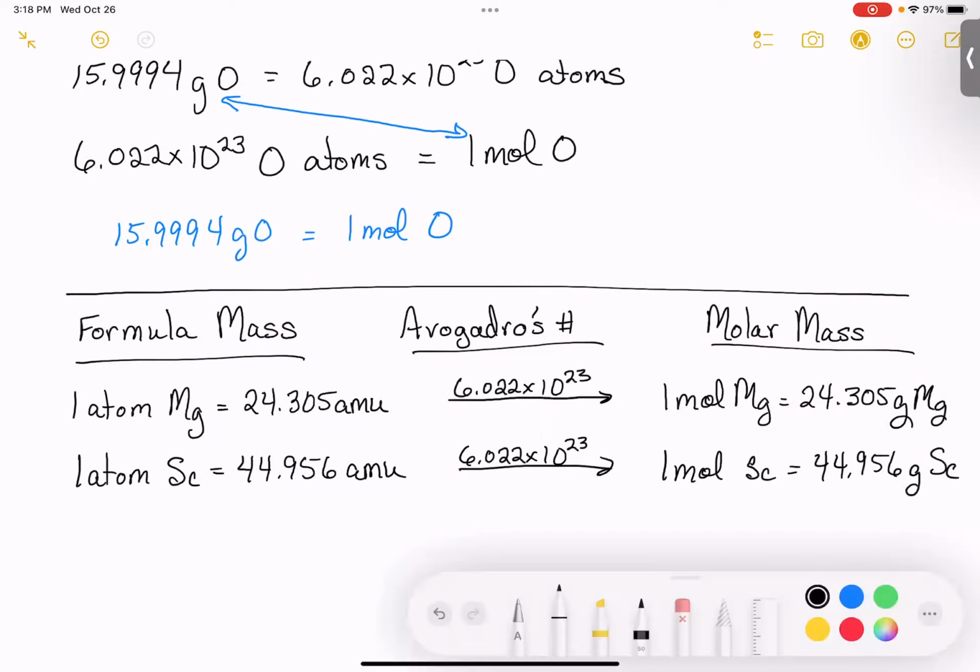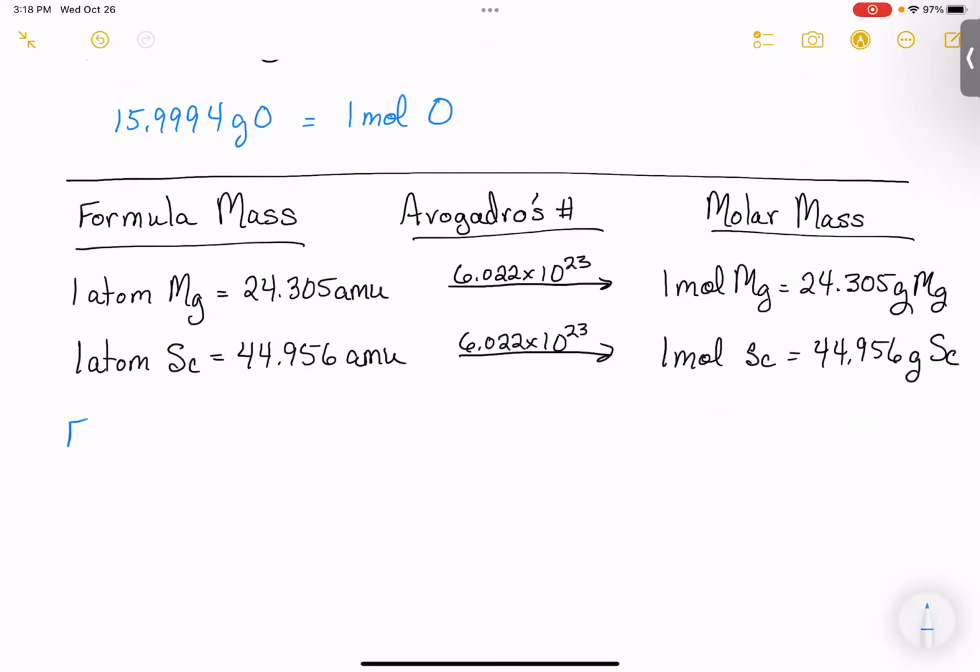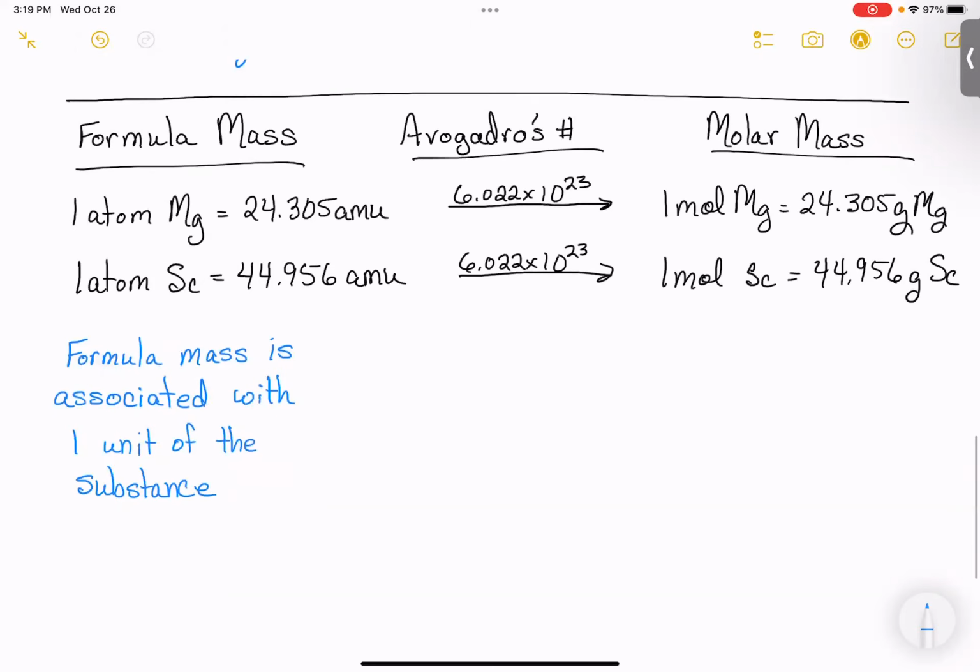So what we can say is that the formula mass is associated with 1 unit of the substance and it has a mass in atomic mass units.